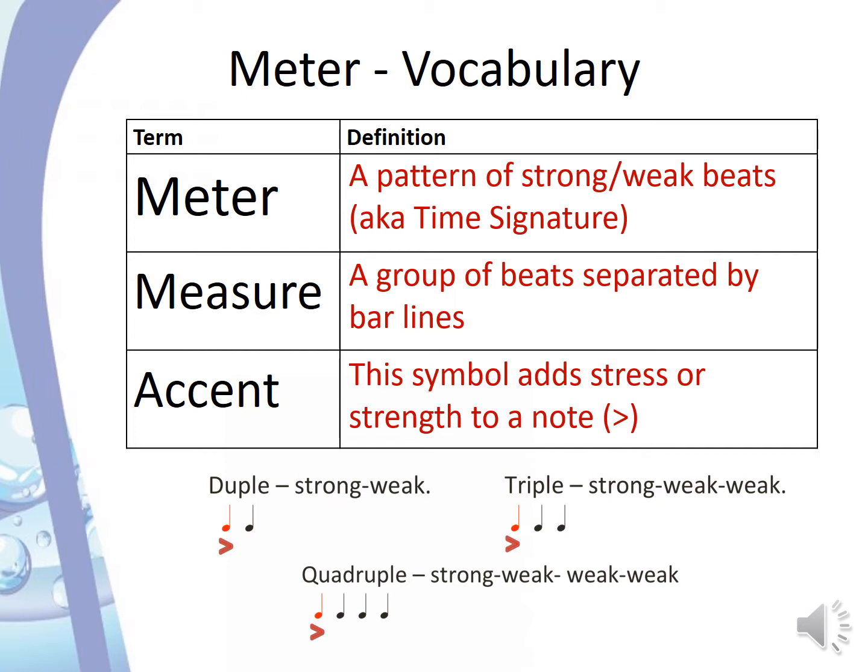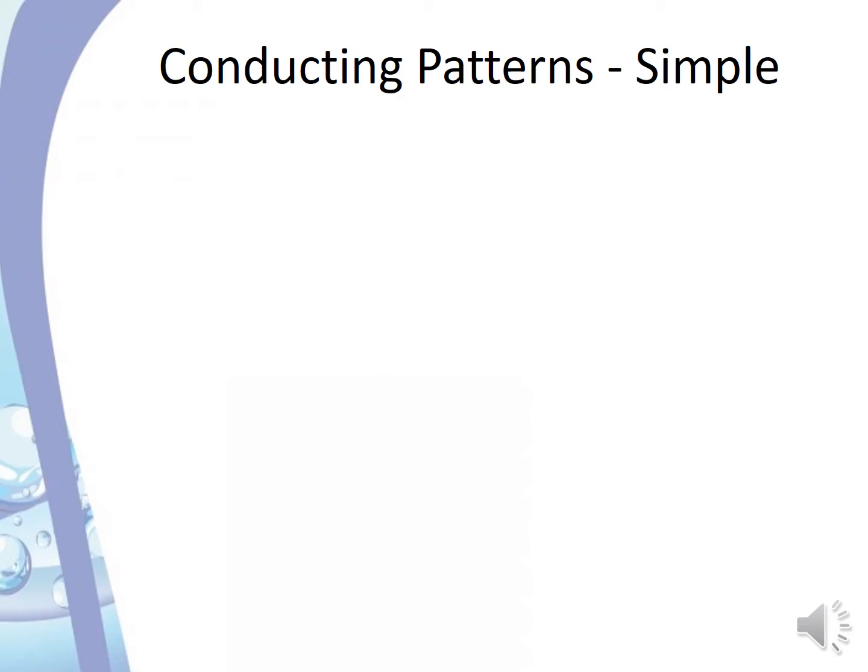These meters can also be seen when a conductor leads their ensemble. By making sure that the conductor always starts with a downward motion first, that is showing the strong beat, and then any subsequent motions would be considered the weak beats.